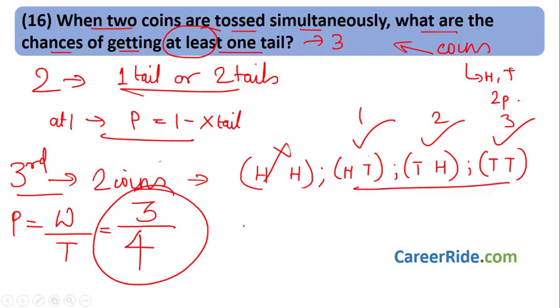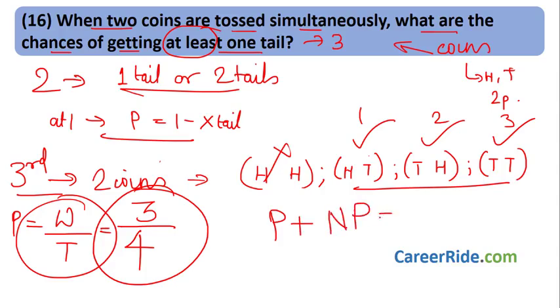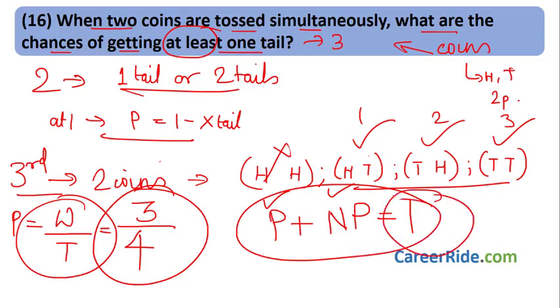Probability is extremely easy. You just need to remember probability is what I want divided by total, and the probability of an event happening plus the probability of the same event not happening is equal to 1. That is, the probability of rain falling plus the probability of rain not falling is nothing but 1. Total probability is 1.